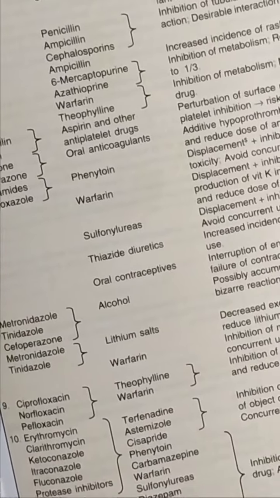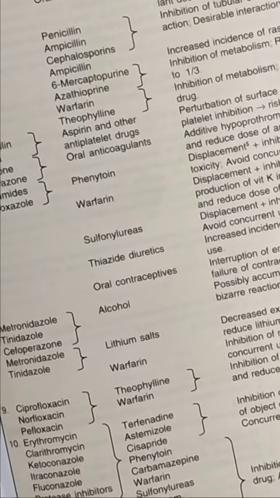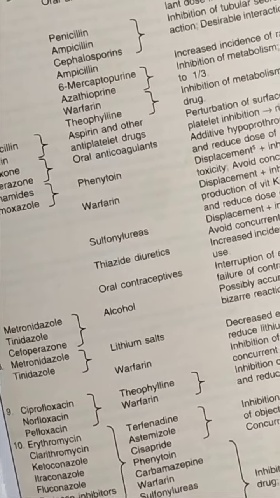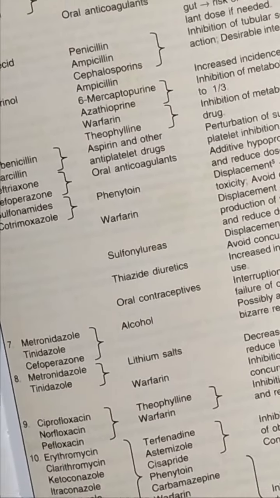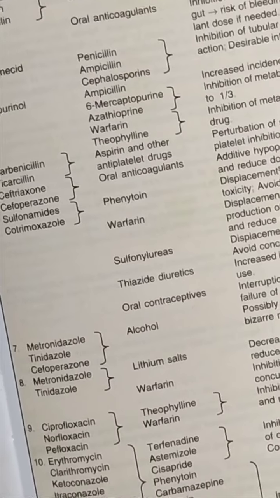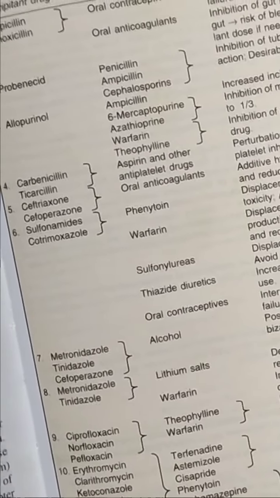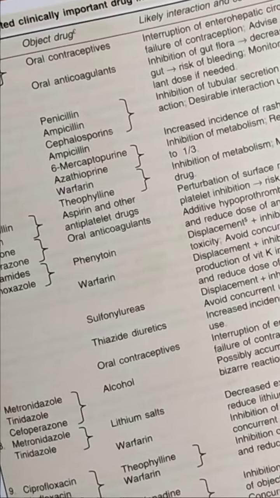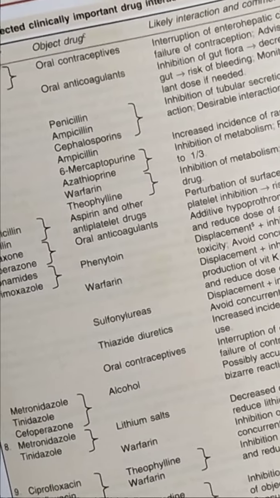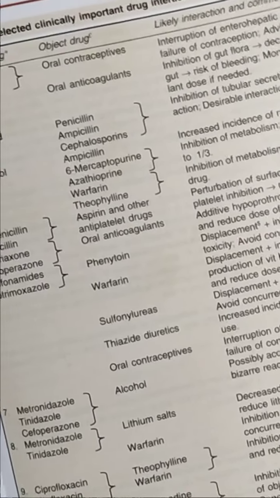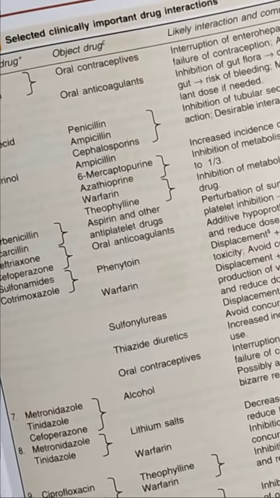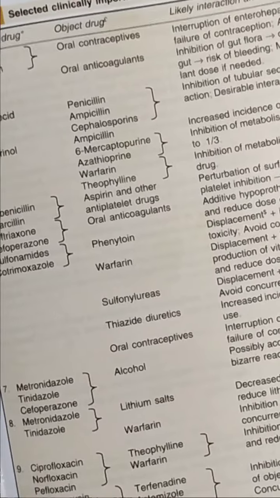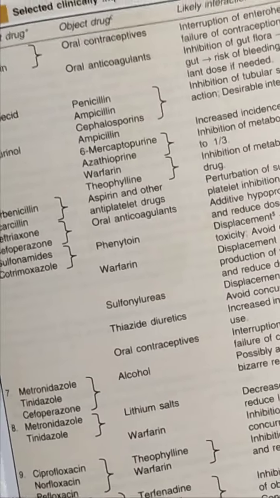Erythromycin, clarithromycin, ketoconazole, itraconazole taken with terfenadine, cisapride, phenytoin, carbamazepine, warfarin: inhibition of metabolism occurs, metabolism will be reduced and there is a high risk of myopathy. So it should be avoided when using two combinations of drugs like erythromycin and terfenadine.